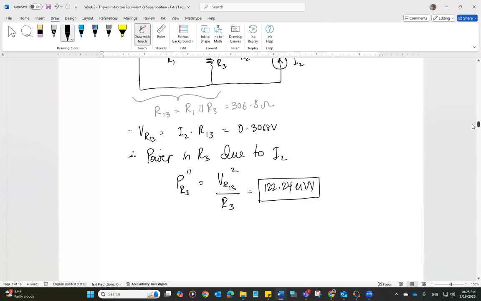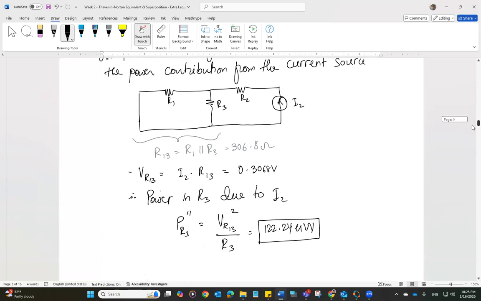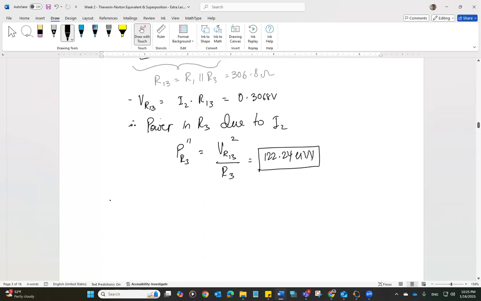And of course, earlier we found the contribution of power from the voltage source. And the total power that is dissipated in R3 is going to be the combination of both.